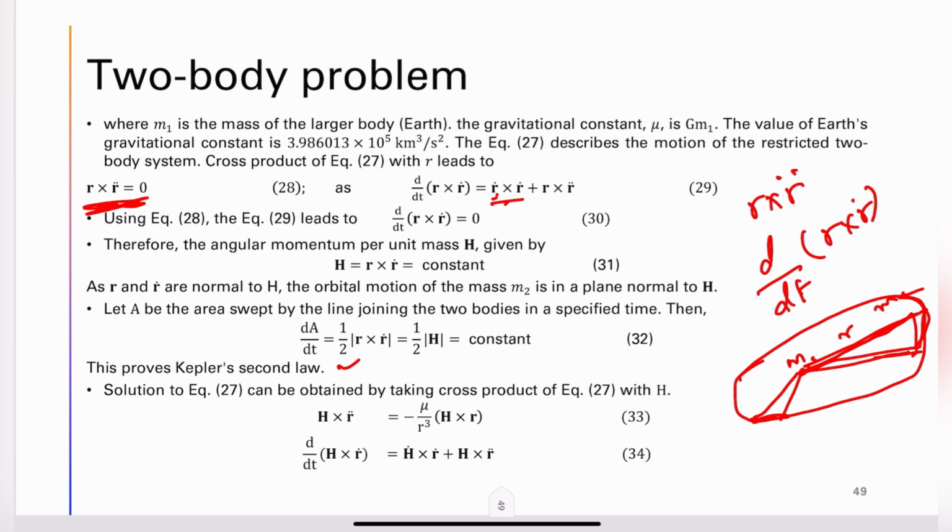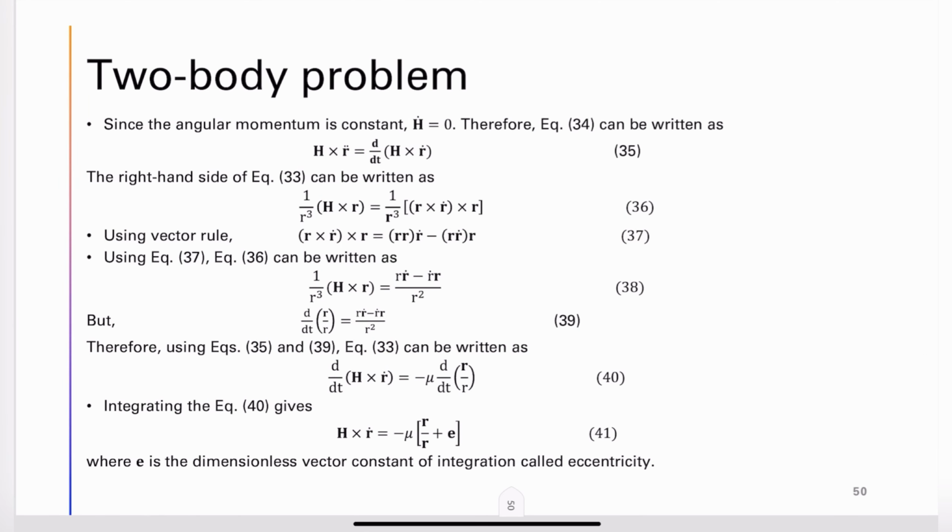This can again be written as d by dt of h cross r dot. When I expand this, d by dt of h cross r dot can be written as h dot cross r dot plus h cross r double dot. We know h is constant, so obviously h dot becomes 0. So the equation can be reduced to h cross r double dot is equal to d by dt of h cross r dot.